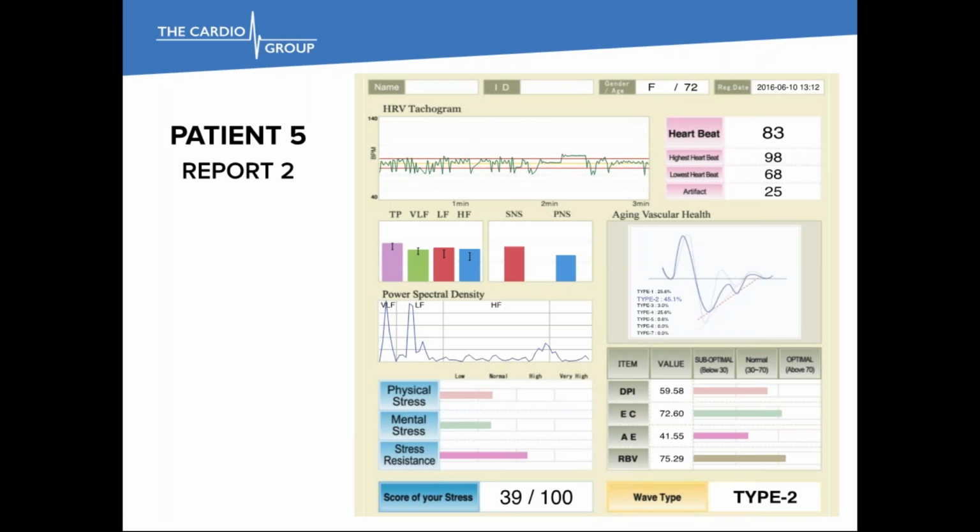Physical stress is low, mental stress is low, stress resistance a bit higher, and power looks pretty good across the board, with a nice balance between sympathetic and parasympathetic. I would probably be inclined to repeat this test and see if we can get the artifacts to go quite a bit lower. We'd like them less than 8, and see if this is true.